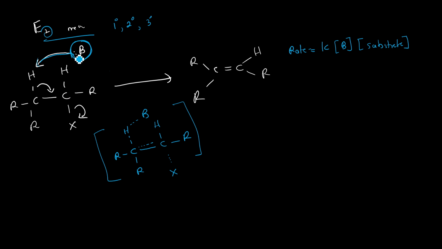It just needs to touch this hydrogen. That's all. So even though this contains much more bulky groups, it doesn't mind. So for elimination reactions, all three, primary, secondary, tertiary, are preferred. It's completely fine with elimination reactions.